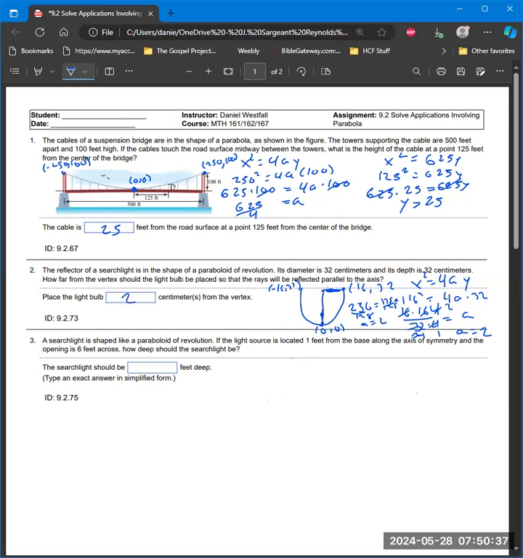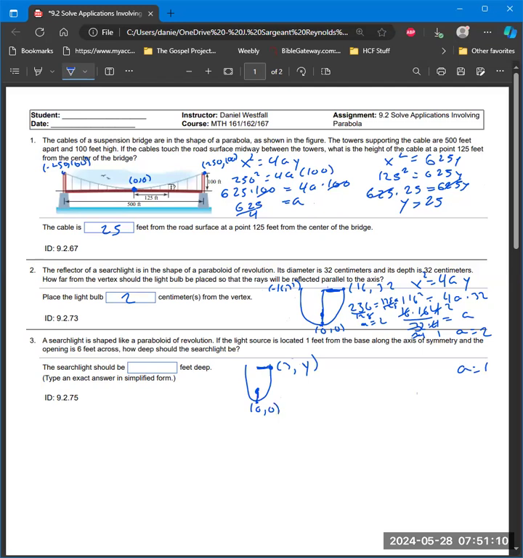All right, we have a searchlight again that's in a paraboloid shape. We have the light source given to us as 1 foot away, so a equals 1. And the opening is 6 feet across, so that means this point here is going to be 3, something. And we know that this point down here for the vertex is (0, 0).